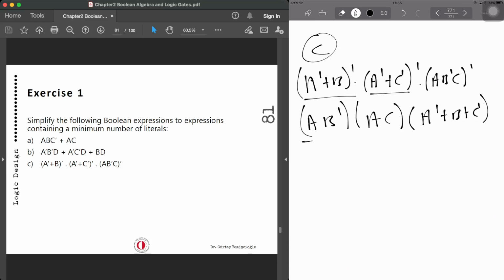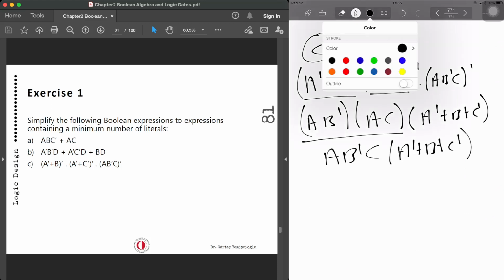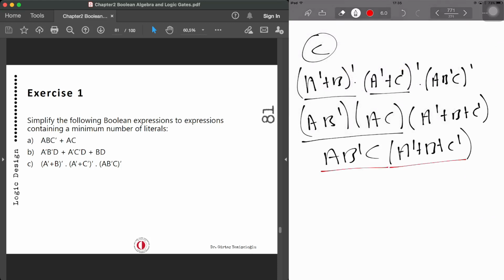Now, this one is actually A, B prime, C, and that will be A prime plus B plus C prime. And this is actually showing us that this is the opposite of that. So they are canceling each other, and this is going to be 0. So that's how we can implement part C of this exercise.